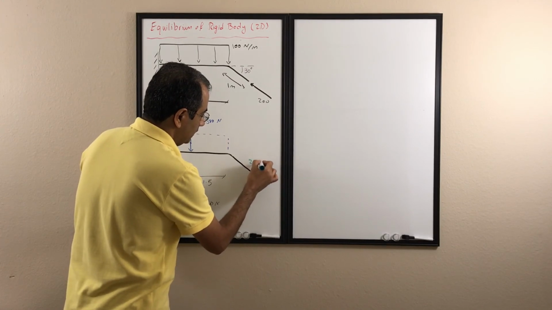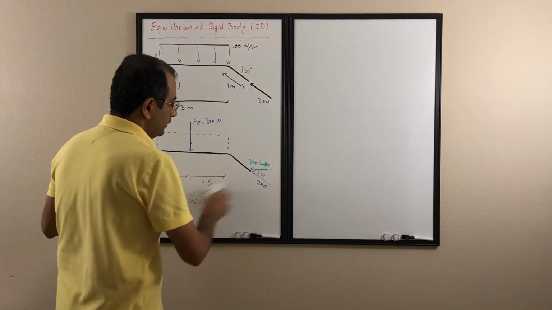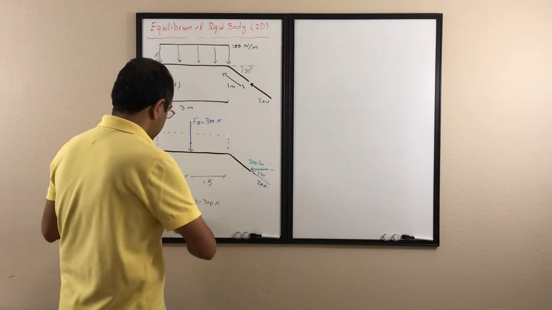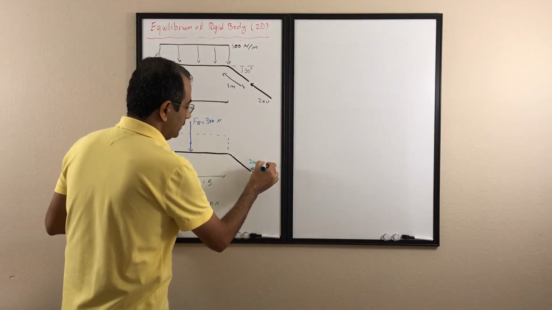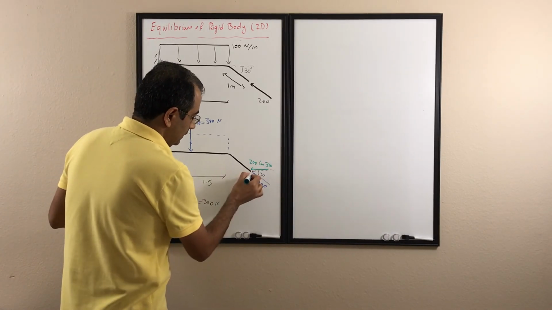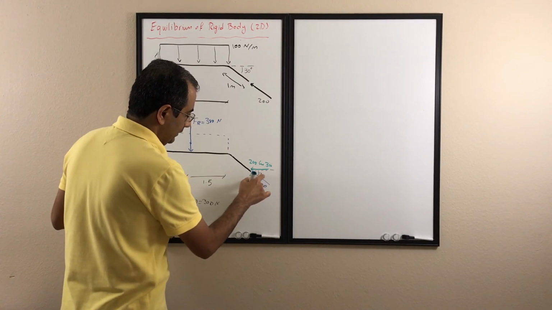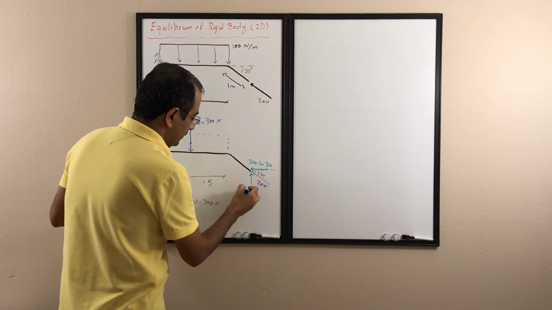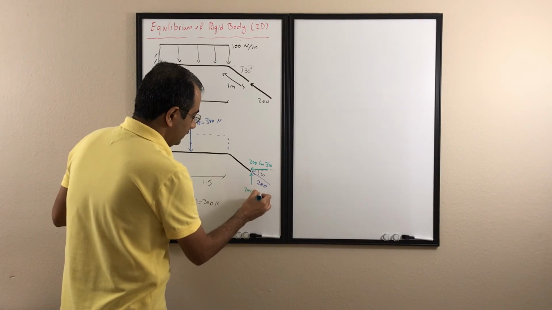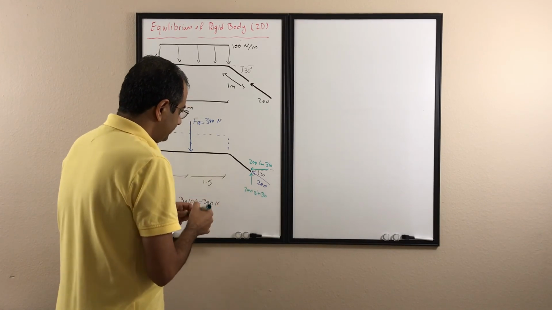So it's going to be 200 cosine 30. And the other side, which does not touch the angle, is going to be sine. This part, which does not touch the angle, is away. So it's going to be 200 sine 30.